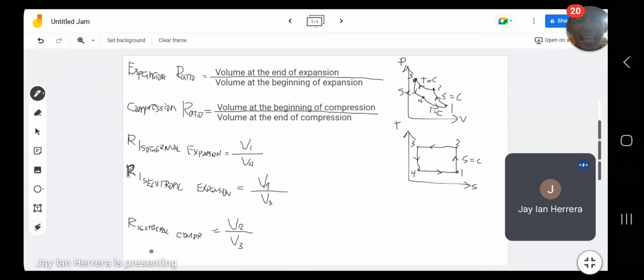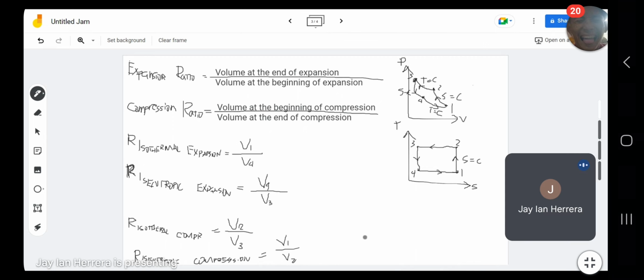And for the compression ratio of isentropic, nandito yan sa 1 to 2. Isentropic compression. So beginning of compression, that is V1 all over the volume at the end of compression, that is V2.